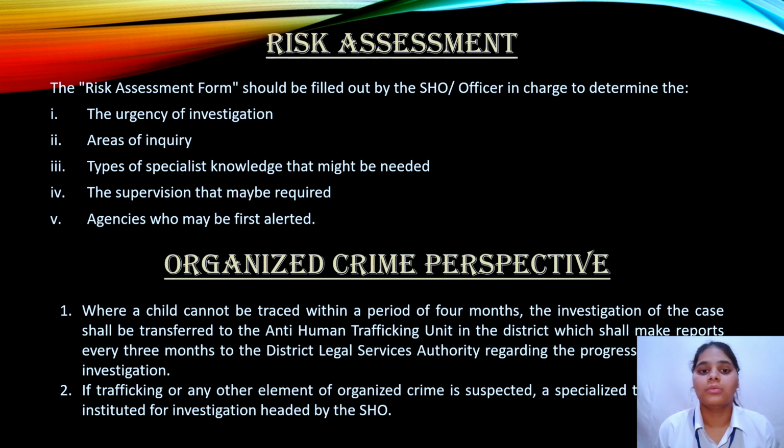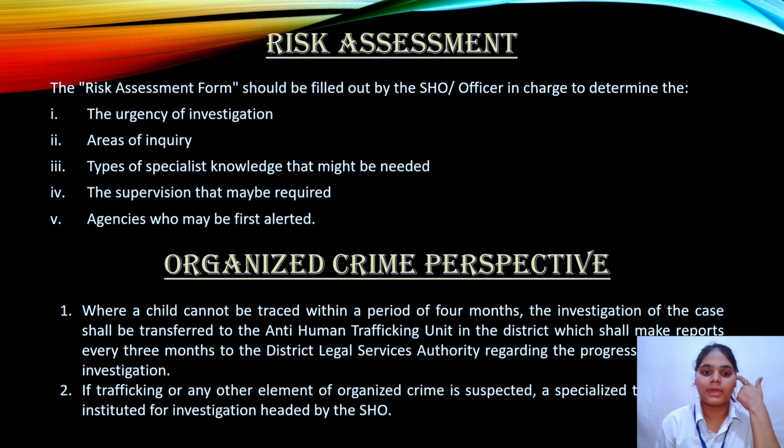The form has to be filled by the SHO or any officer who is given charge of the case, so that they can determine how urgent the case is, where inquiry needs to be made, whether the case requires a specialist, whether supervision is needed, or whether any agency or institution has to be informed first, so that they can alert them as fast as possible.